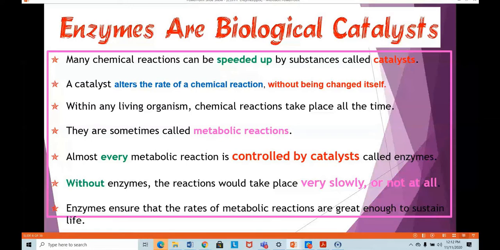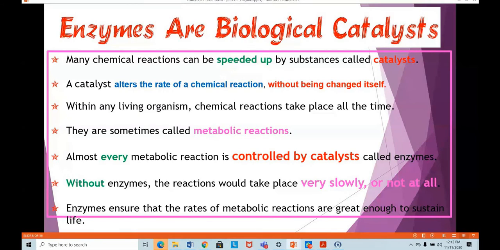No, very good. So you can define catalysts as something which alters the rate of a chemical reaction without being changed itself. These enzymes help in speeding up and also controlling the various metabolic reactions in our body. And without enzymes, the reactions would take place very slowly or would not take place at all.